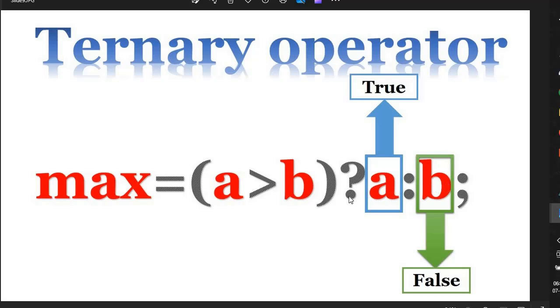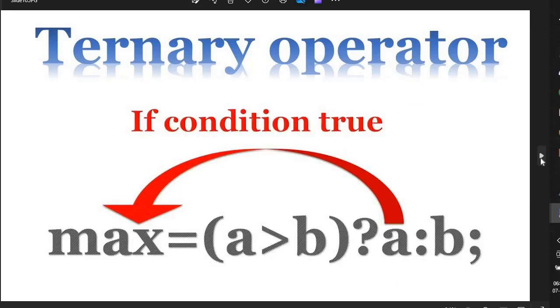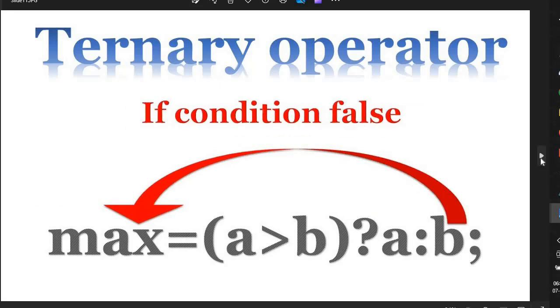After the question mark and before the colon is the true part, and after the colon and before the semicolon is the false part. If the condition is true, then the value in the true part will be stored into the variable max, and if the condition is false, then the value at the false part will be stored into the variable max. So now, after this explanation, I think the syntax of the ternary operator is very clear to all of you.